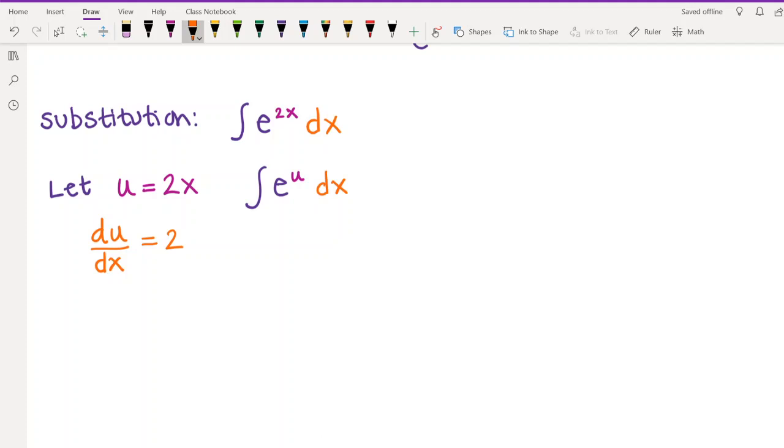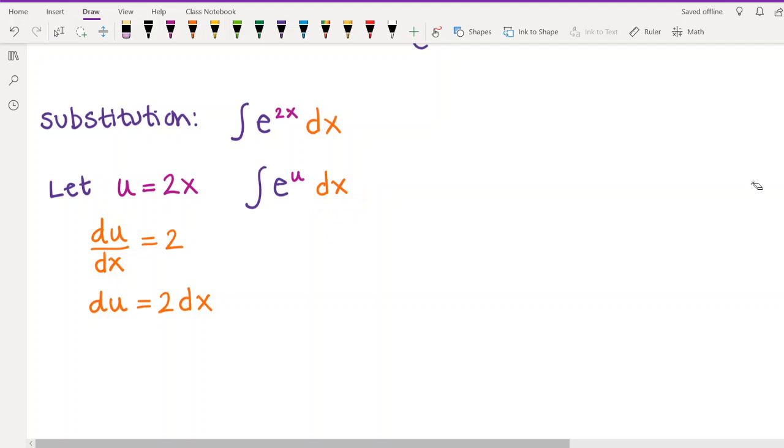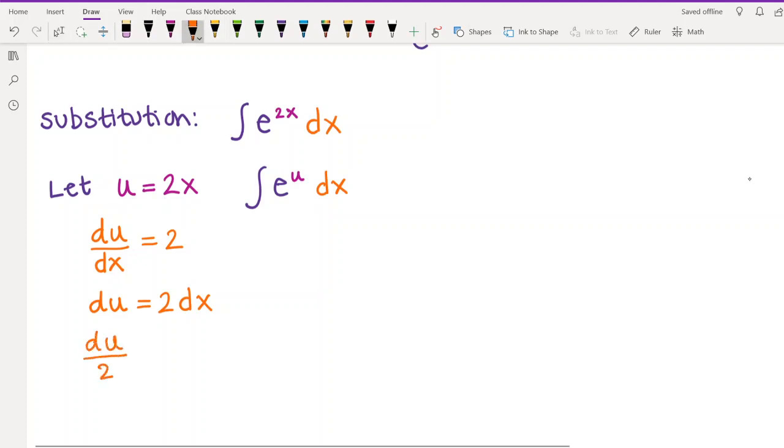It's kind of like if you had a y here, right? Y is equal to 2x, then you would say dy dx is equal to 2. It's the same idea, just with a u. And so if we move this dx to both sides, we then have du is equal to 2 times dx. Because we're trying to get rid of this dx, which is what we're trying to translate into u, we want to take this equation and solve it for dx. If we divide both sides by 2, we find that du over 2 is equal to dx.